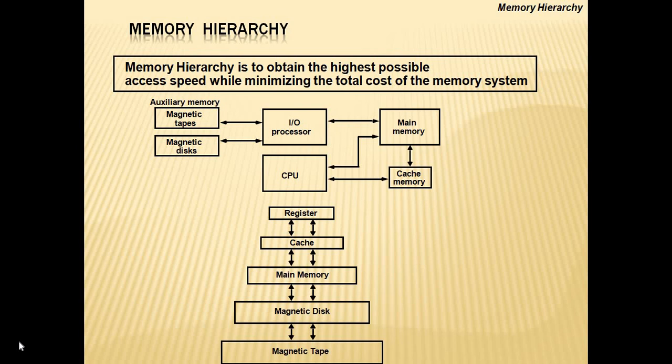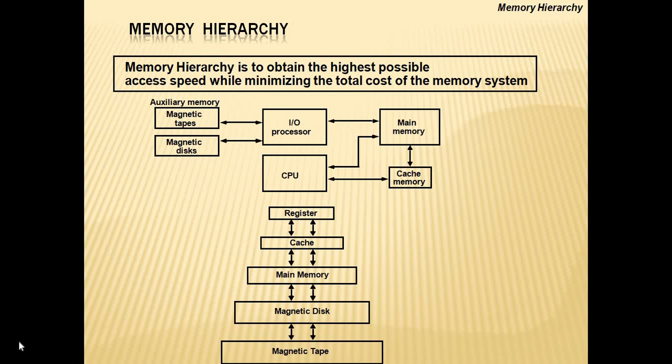A technique used to compensate for the mismatch in the operating speeds is to employ an extremely fast, small cache between CPU and main memory, whose access time is close to the processor logic clock cycle time.